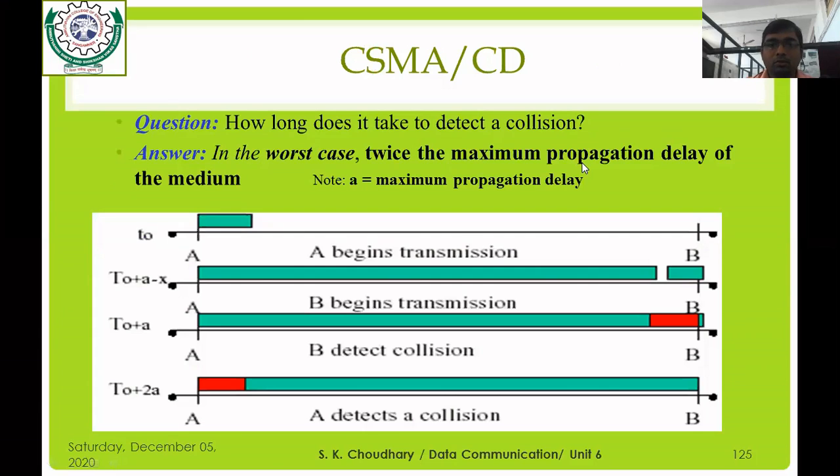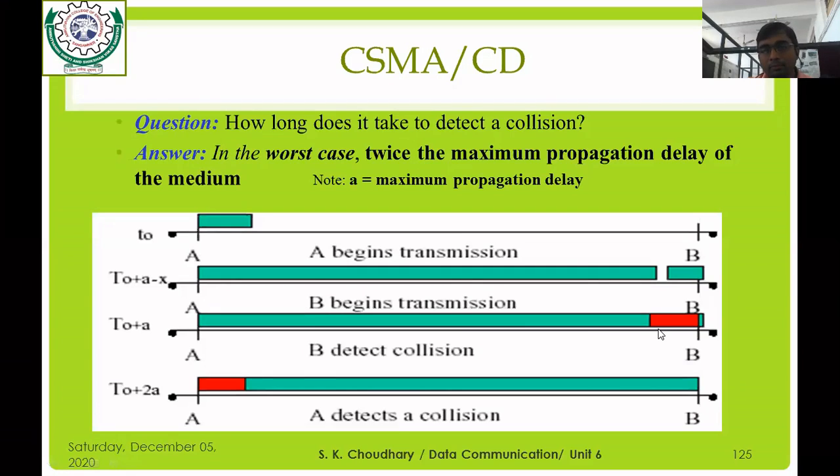So this shows how long it takes to detect a collision. In the worst case, the CSMA CD technique would take twice the maximum propagation delay of the medium. Here you can see that A has started to begin the transmission. After T0 plus A minus X time, B begins when the frame of A is very near to station B. At T0 plus A time, what happens?